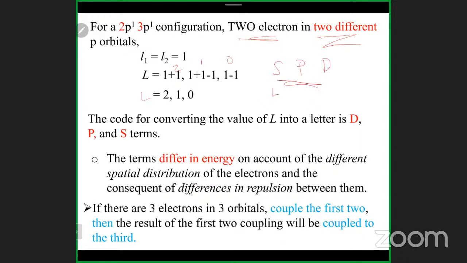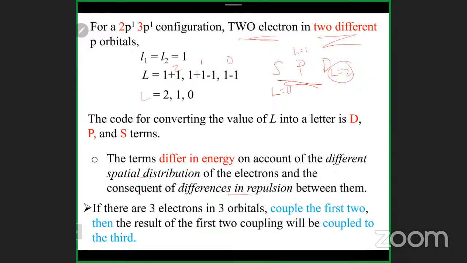S is where L equals 0, P where L equals 1, D where L equals 2. So the letters are SPD terms, right? These terms differ on account of the different spatial distribution, and the subsequent differences in repulsion between them.